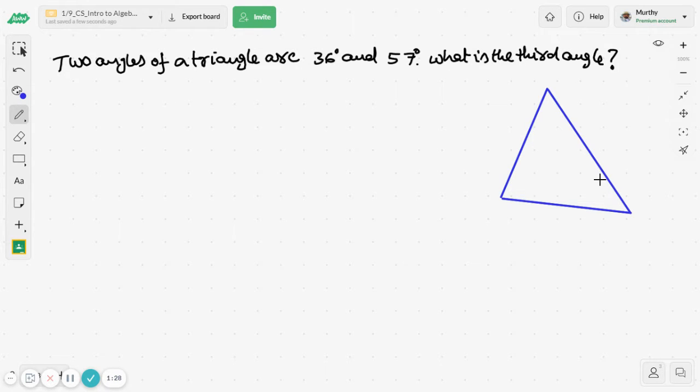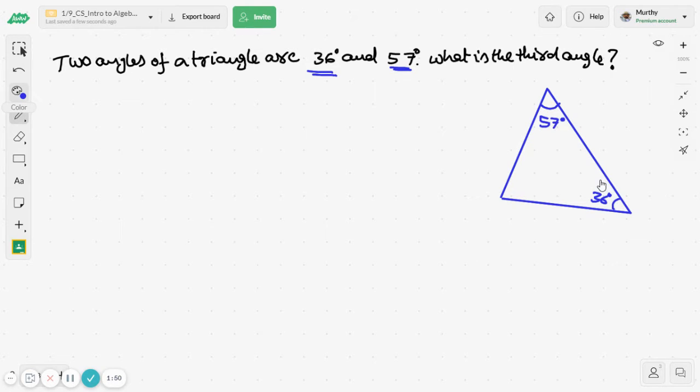Okay, then two angles of a triangle are given. So let's say that one angle is 36 degrees and the other angle is, say, 57 degrees. By the way, if you measure using a protractor, these angles may not be exactly 57 and 36.